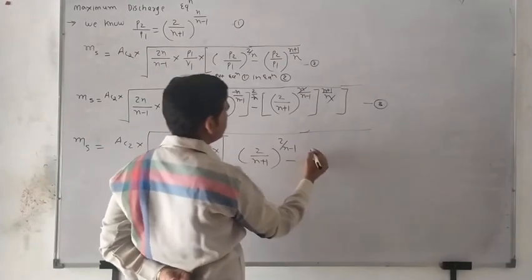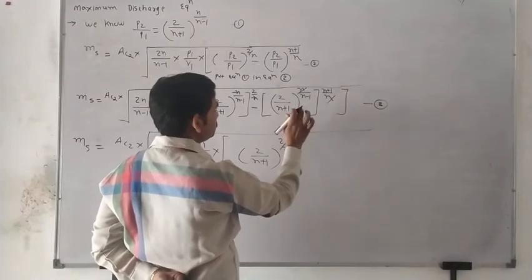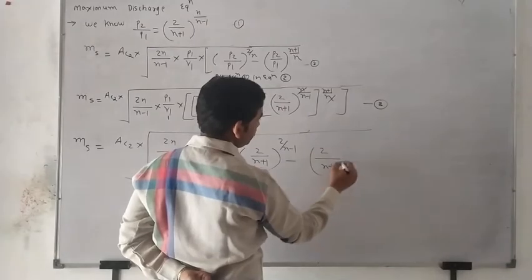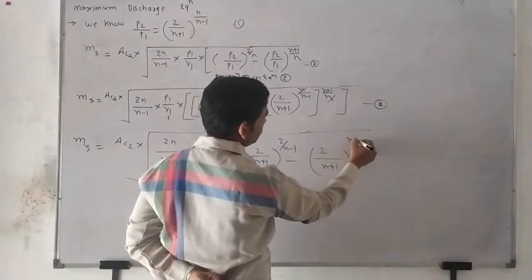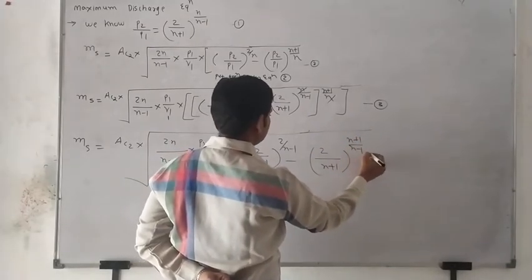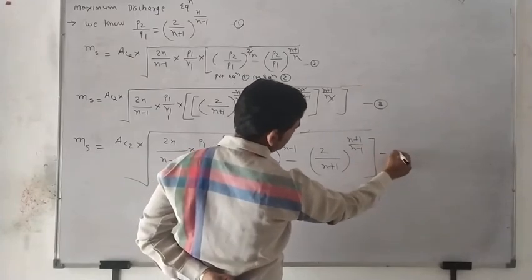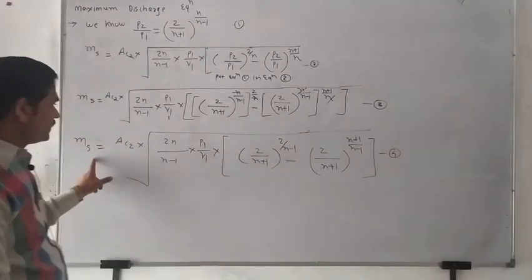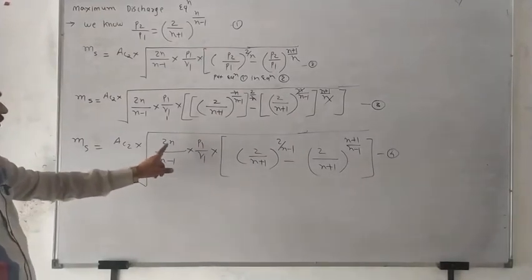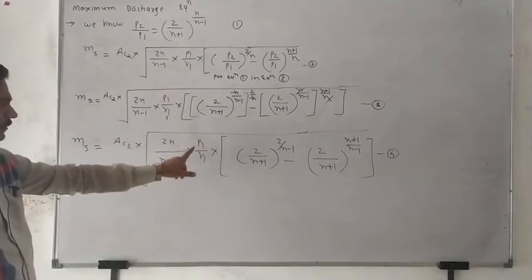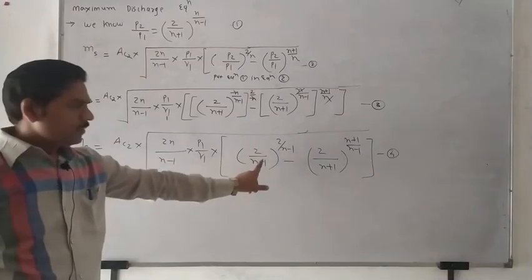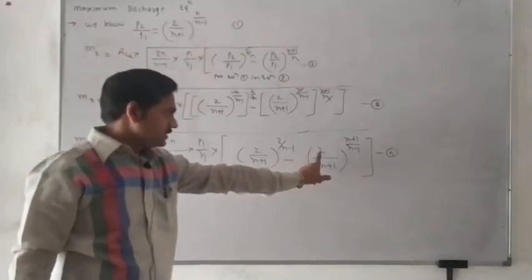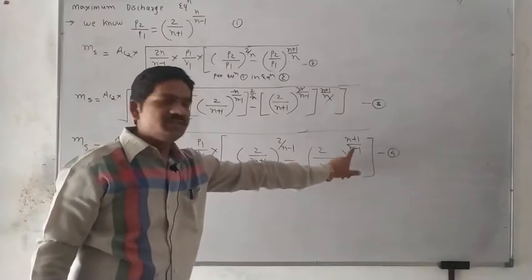Under root here, (2 upon n plus 1), very good, to the power n plus 1 upon n minus 1, bracket complete. Suppose this is equation number 4. We are getting this: Ms equals A C2 under root 2n upon n minus 1 into P1 V1 into (2 upon n plus 1) to the power 2 upon n minus 1 into minus this one, this is the power.